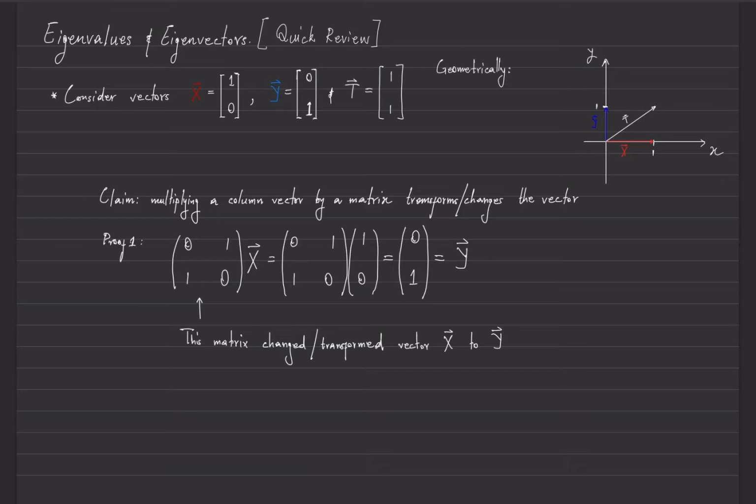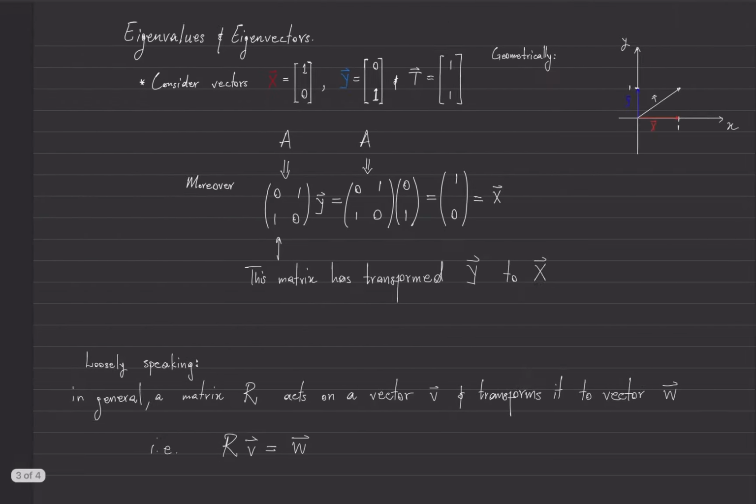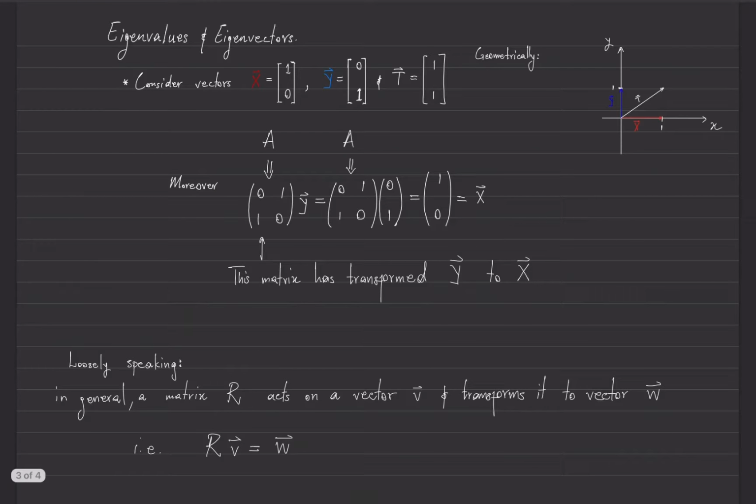Now, let's do one more example to further motivate this idea. Suppose this time around we don't begin with vector x, but we begin with vector y. Over here I have given this matrix, same matrix as before, 0, 1, 1, 0.